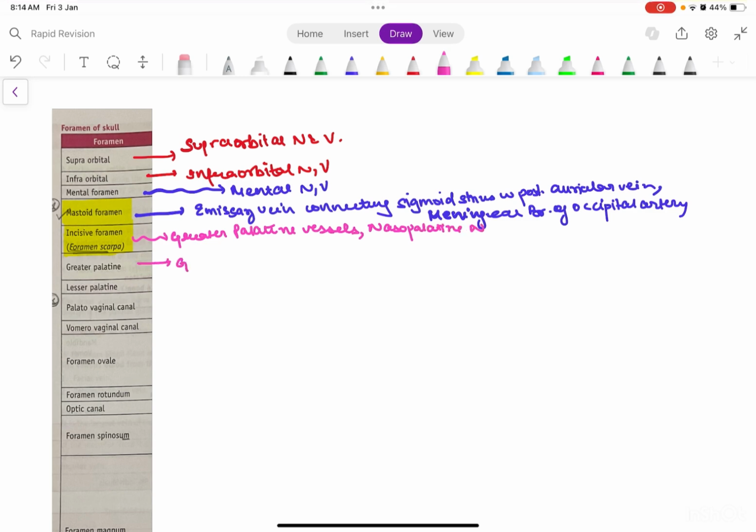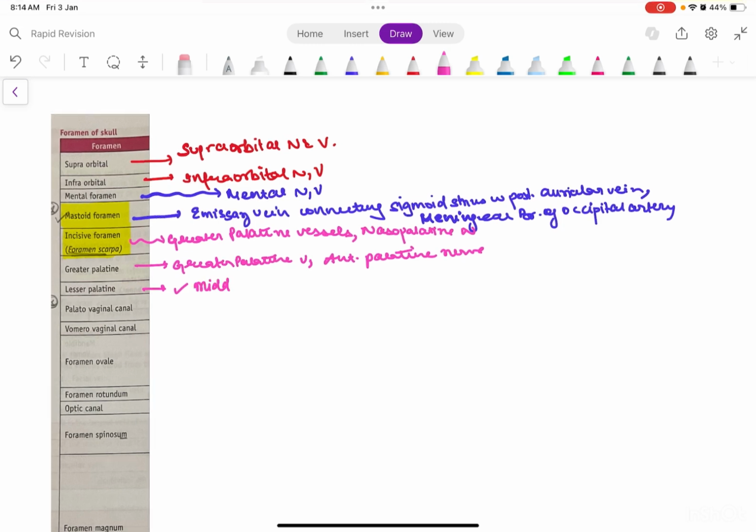Then the greater palatine foramen, obviously the greater palatine vessel and the anterior palatine nerve, which is also called the greater palatine nerve. Lesser, we will say it has the middle and posterior palatine nerve.